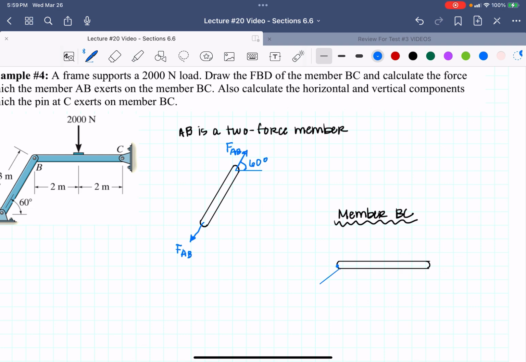So going downward, I've got FAB, and I know that it is at a 60-degree angle. I've also got a 2,000 Newton force in the middle, going straight down.